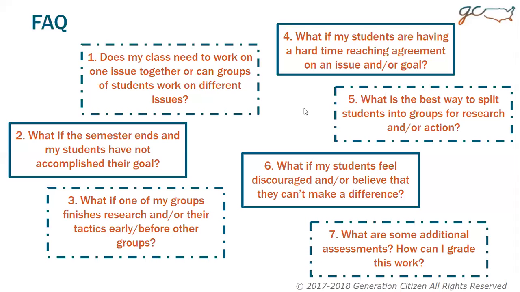So writing about it is more helpful, so that the teacher can get a better sense of why they're having a hard time coming to an agreement. One thing that teachers have done that's been successful is they go back. They say, okay, we're going to go back to the drawing board, look at different community issues, look how far we got this time, and see if a new issue entirely makes more sense.